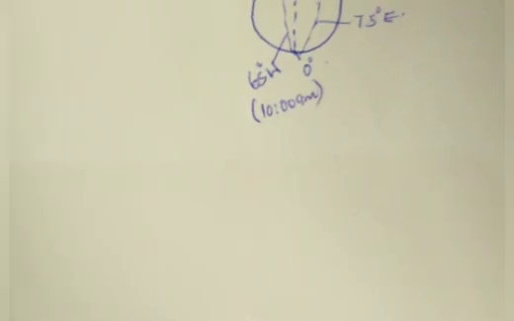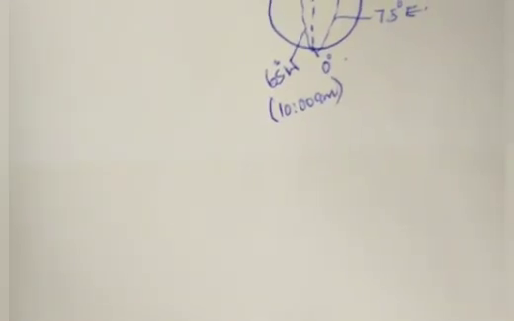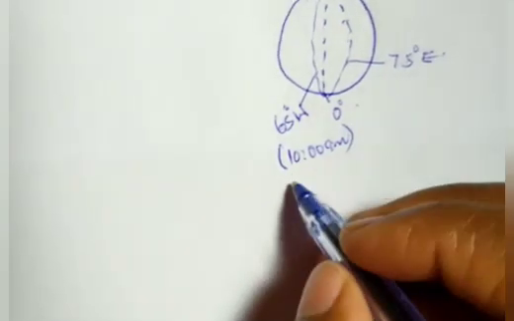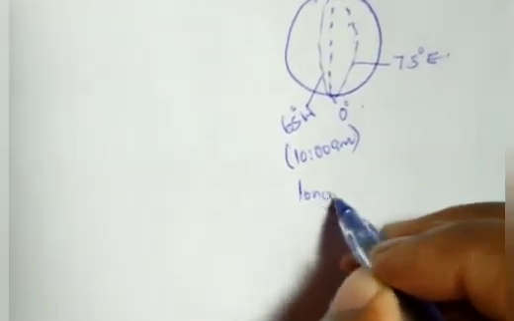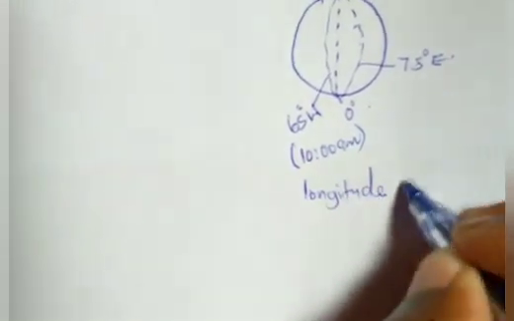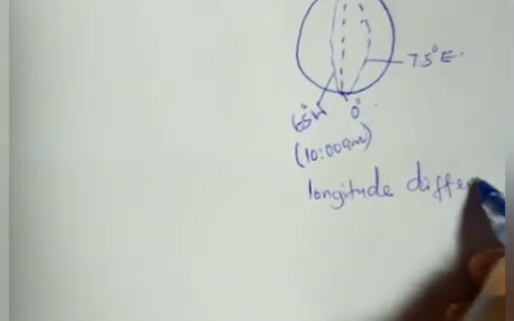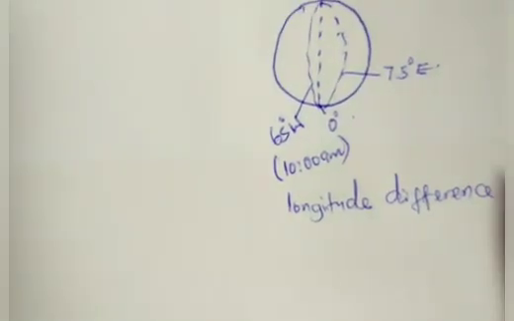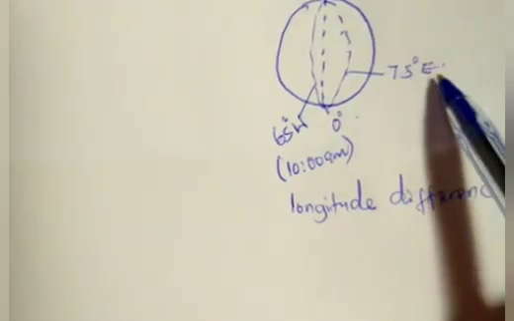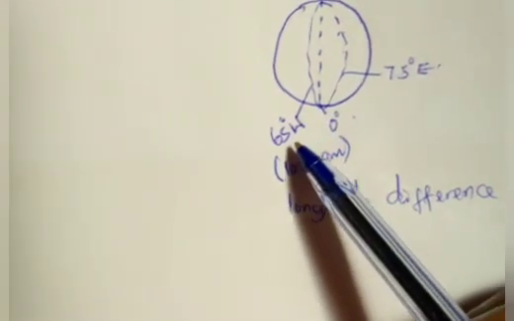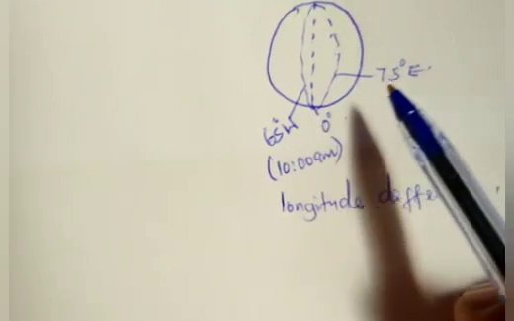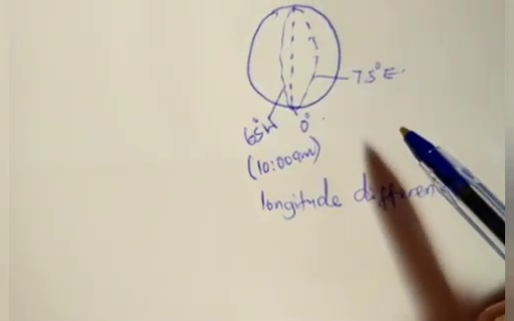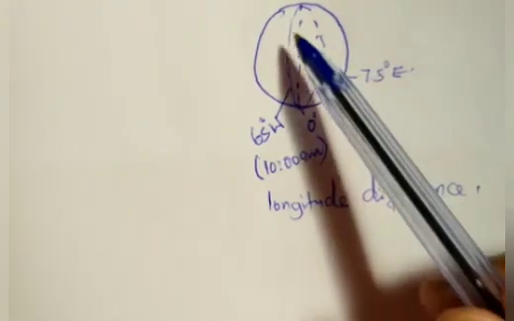I said the first step is to find the longitude difference. Now look at this. This is 75 degrees east of the prime meridian and 65 degrees west of the prime meridian. So the two longitudes are on different sides of the prime meridian.